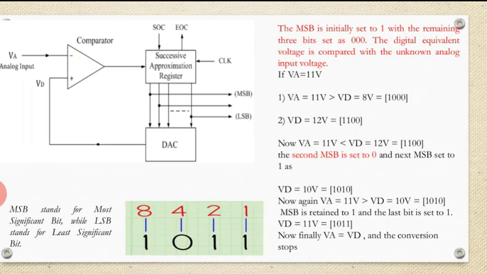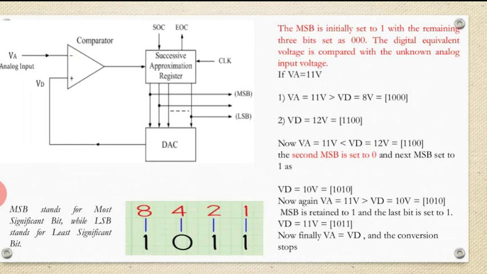Now it will compare again: 11 volt, and VD becomes 12 volt. So VD is greater than the input analog voltage of 11 volt. So the second MSB is set to 0, because VD is greater than the analog voltage 11 volt, and the next bit is set to 1. So VD is now 1 0 1 0.